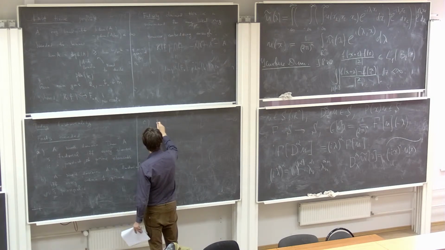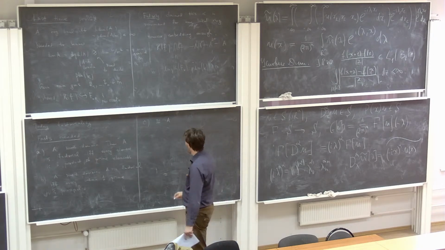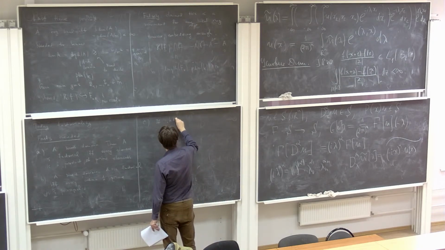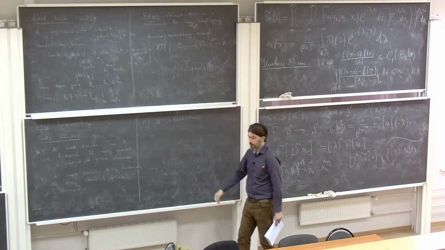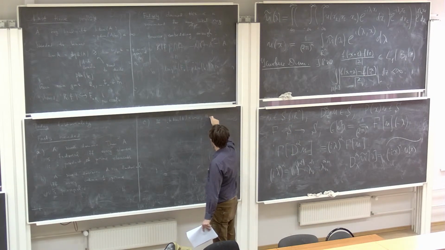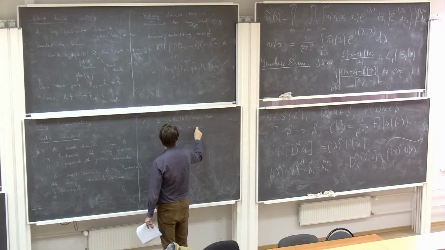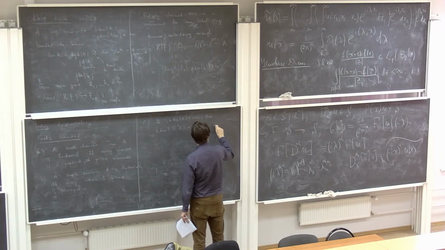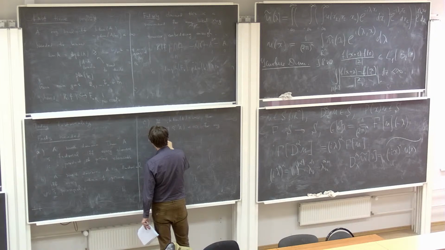Here are some homological facts, none of which are hard. So if A is of finite homological dimension, not even necessarily local, just a commutative ring of finite homological dimension, then so is any localization, for any multiplicative set.